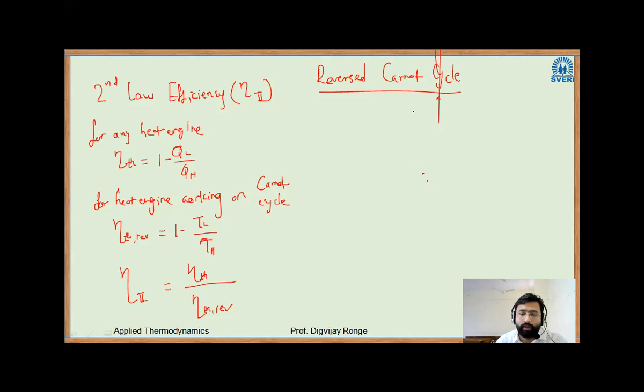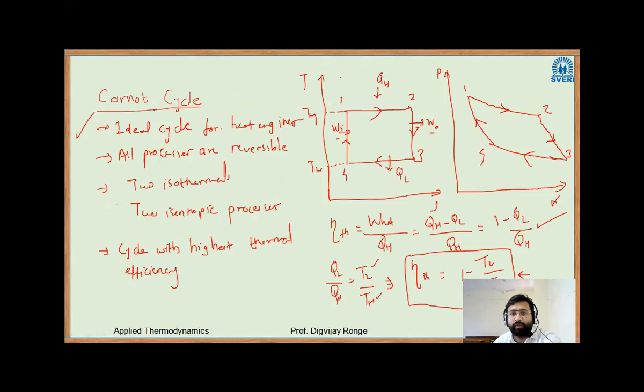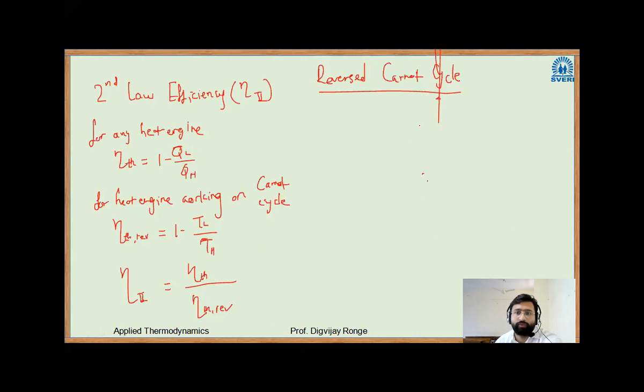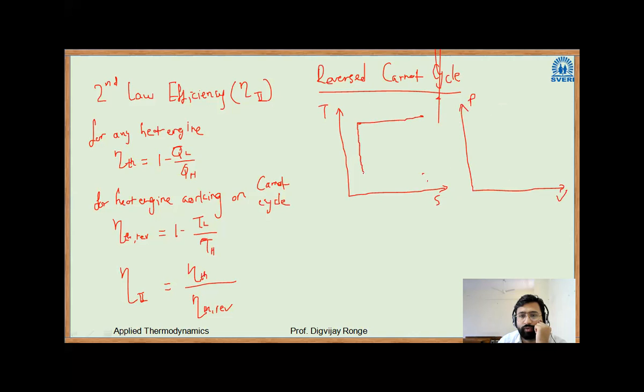Reverse Carnot cycle. See, so this is a Carnot cycle. All the processes are reversible. So that means its direction can be changed. So I will reverse the direction of all these processes. See what I will get here. This is again temperature versus entropy. This is again pressure versus volume. So simply I will change the direction.